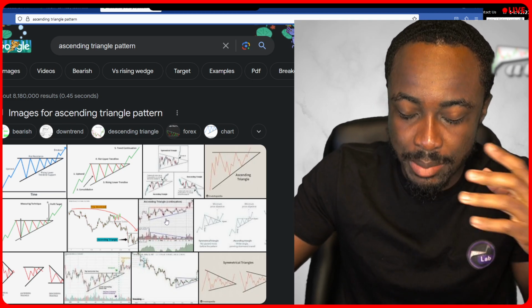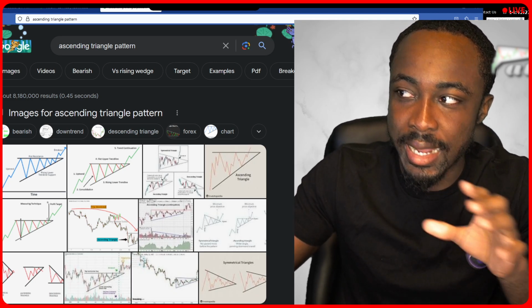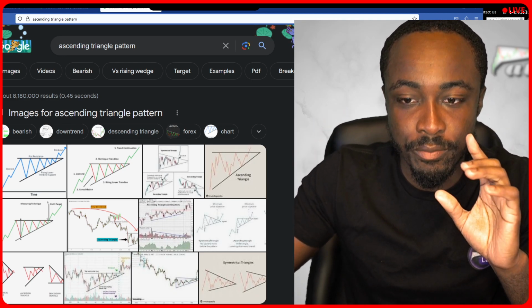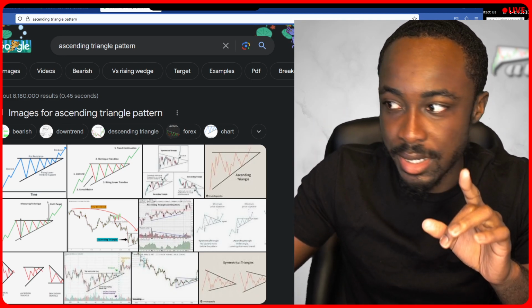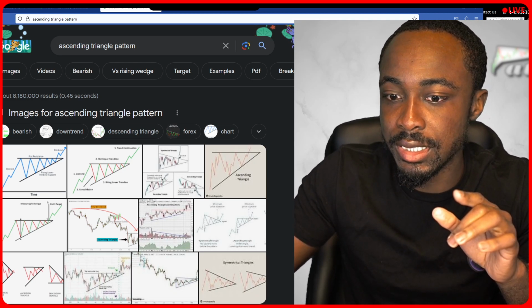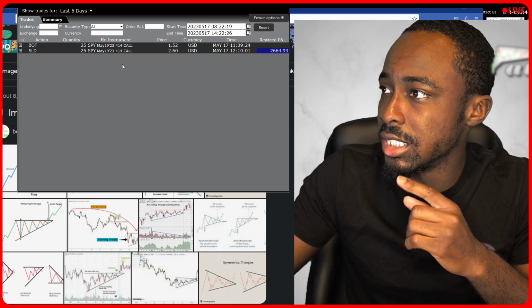I'm going to show you exactly why with the overall market and how that actually happened with different stocks. But now I'm talking about SPY, and we're going to look at that specific trade. These are the trade details for the SPY.